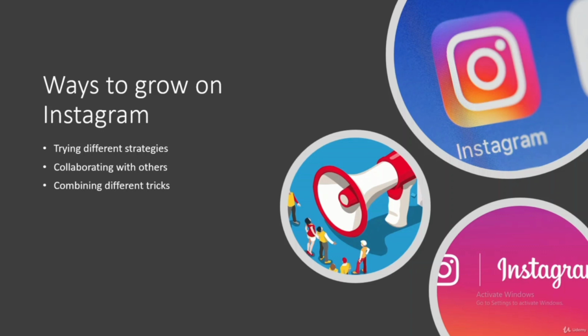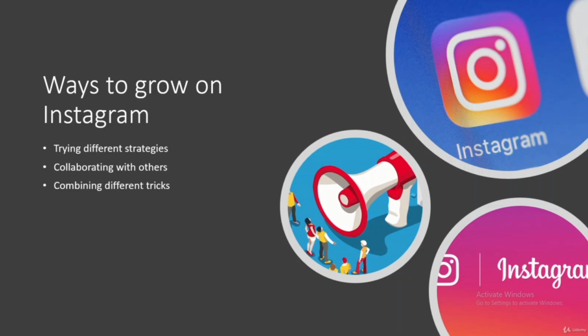When you like someone's picture or write a comment on another account, that person receives a notification. This person will check the notification, will check the person who liked the picture, and there is more chance that this person follows you, which is, in my opinion, a really good thing.